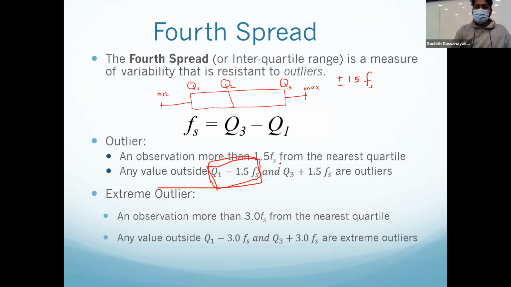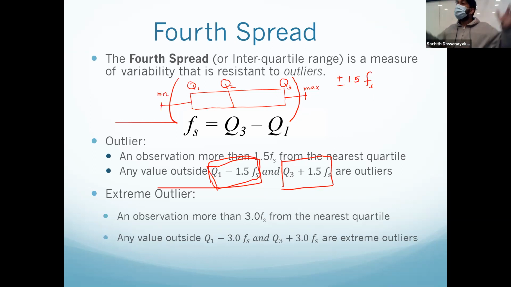Okay, so we can consider starting from there, then the right hand side, the maximum part. So for that case we add 1.5 fs to Q3, so that value is greater than Q3. See, so you have to consider your range something like this. It can be inside the minimum and maximum or outside the minimum and maximum. That's okay. This is just an example. So these brackets show what range we are considering.